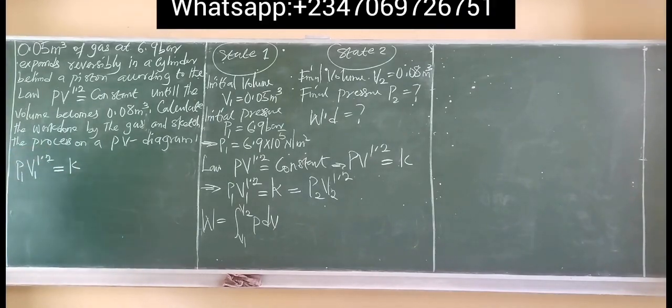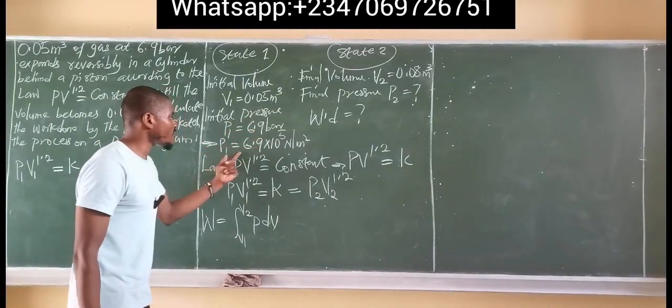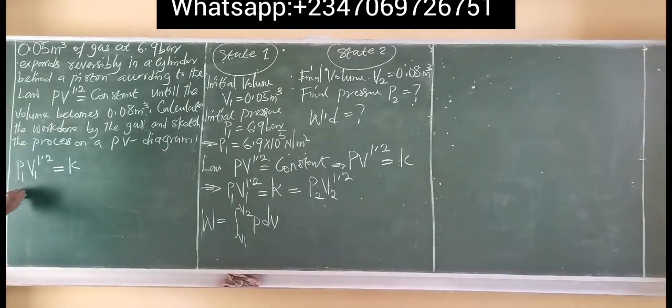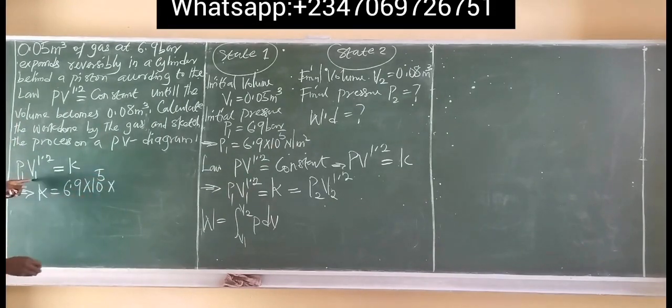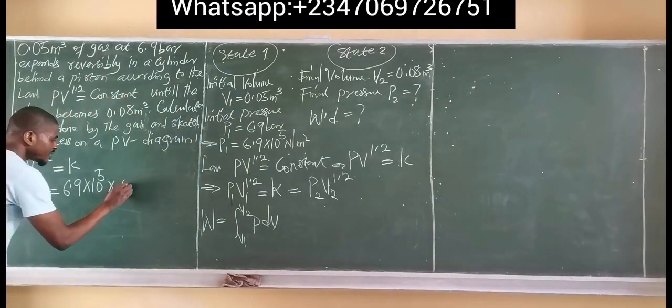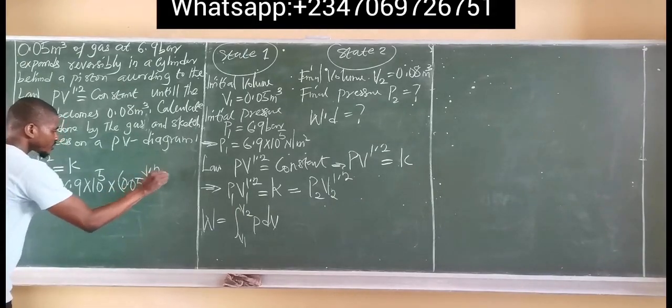All right, now what is P1? P1 was given as 6.9 bar, which we converted to 6.9 by 10 to the power of 5. So this implies that K is equal to 6.9 by 10 to the power of 5 multiplied by V1 to the power of 1.2. Now what is V1? V1 is 0.05, so multiply by 0.05 to the power of 1.2.